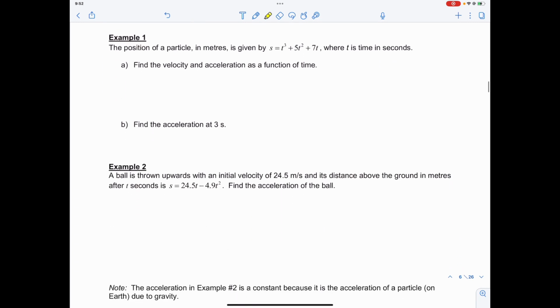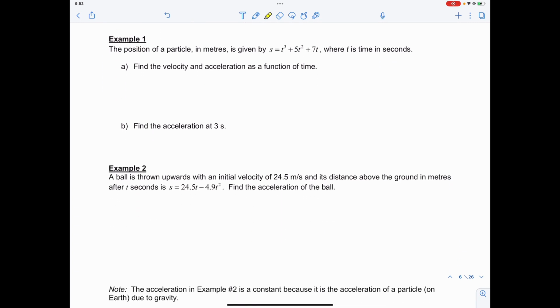So, putting this into practice, for example 1, it says the position of a particle in meters is given by s is equal to t cubed plus 5t squared plus 7t, where t is the time in seconds. Find the velocity and acceleration as a function of time. Well, what do we know?